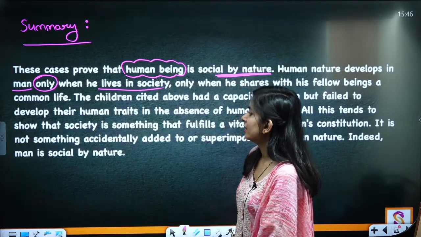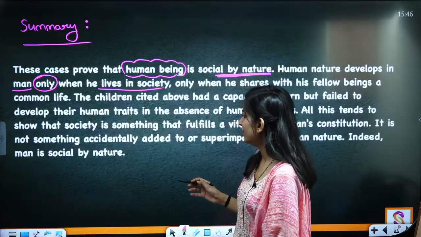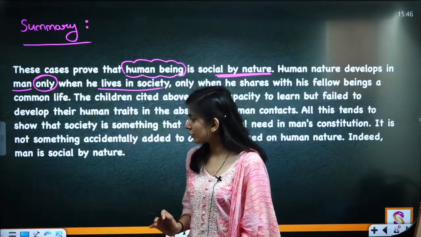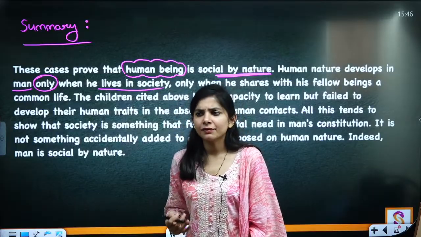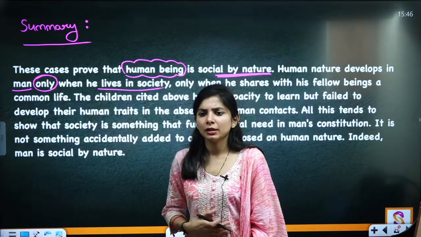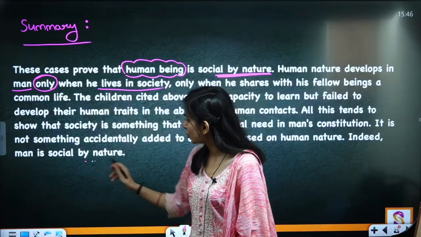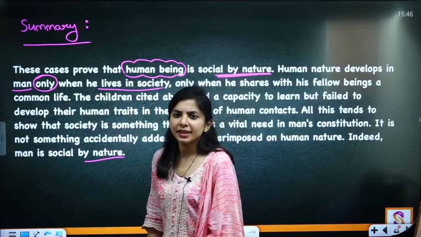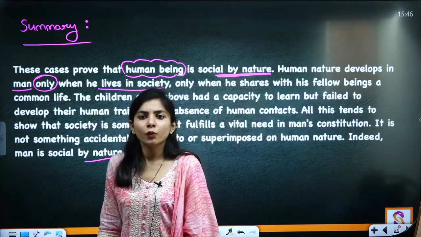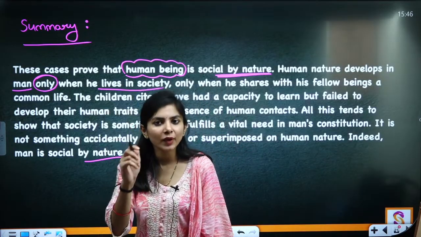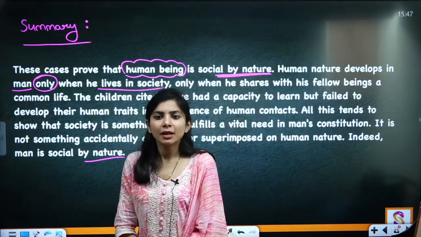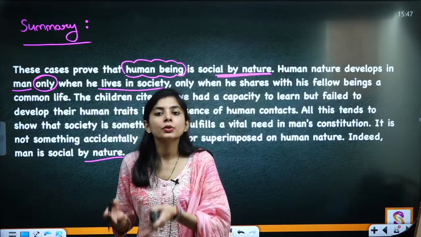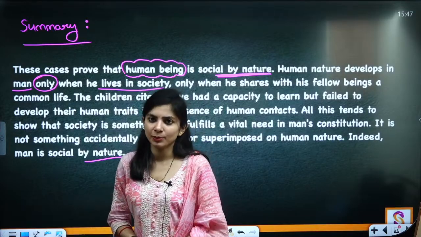Now he said that the example of these children specifies that yes, man is social by nature, and if you try to act against that nature, it would question your existence as a human being, because then you won't be able to walk, to talk, to do the things a human being does.